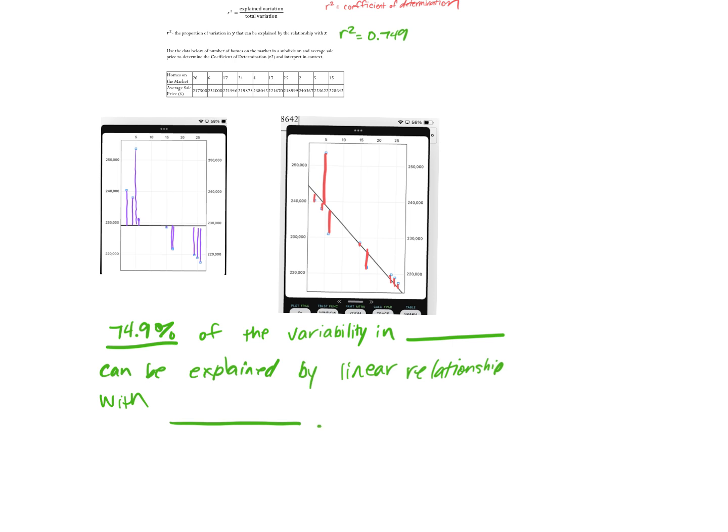What we're doing is allowing the x variable to explain what's happening to the y variable. Why do we sometimes have low prices and sometimes high prices? It's the relationship with how many homes are in the market. So 74.9% of the variability in average sale price. That first blank is always going to be filled by your y variable.